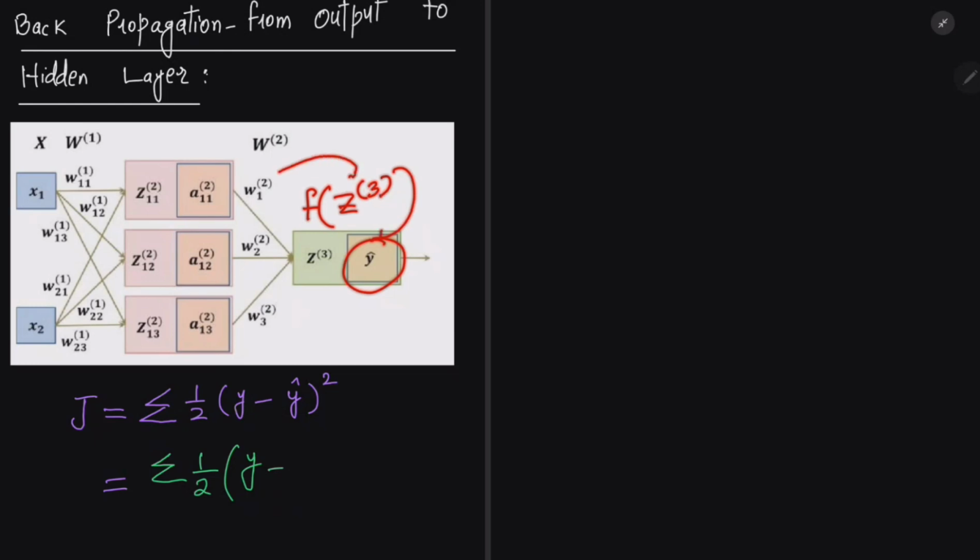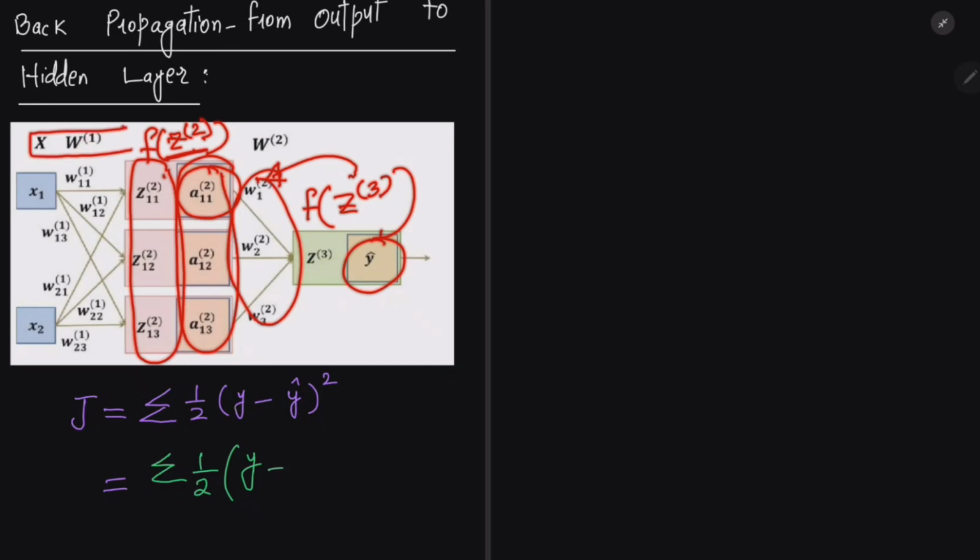Z3 can be obtained when we multiply these 2 values together, and these values can be obtained when we apply the activation function f on z2, and z2 can be obtained when we multiply this with xW1. So this is the whole process that we need to follow, and I want to write this whole process over here.